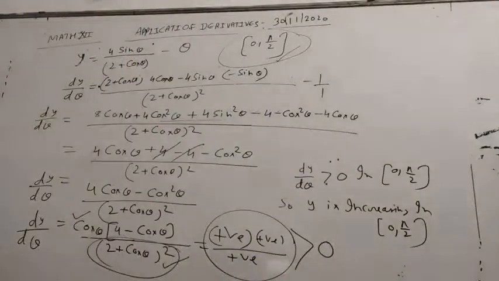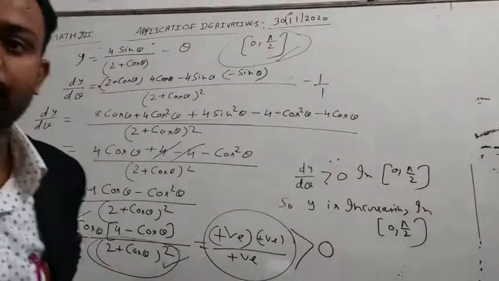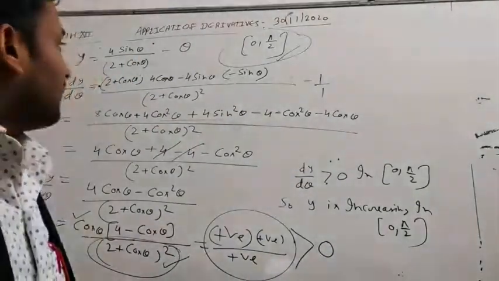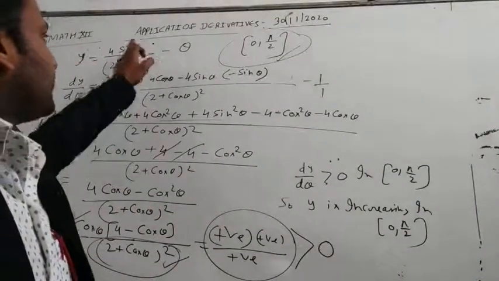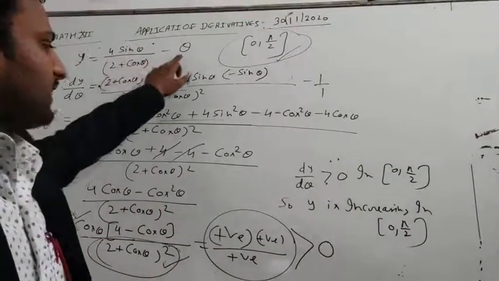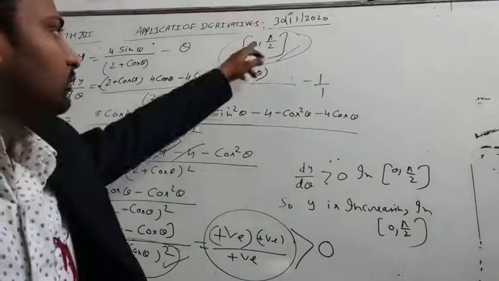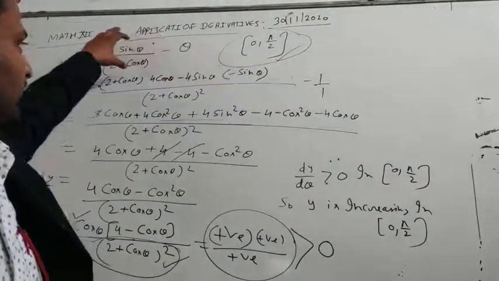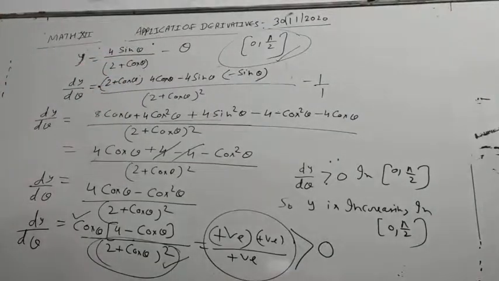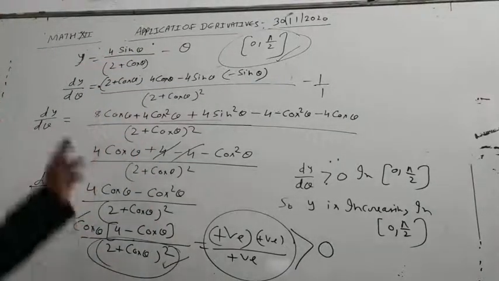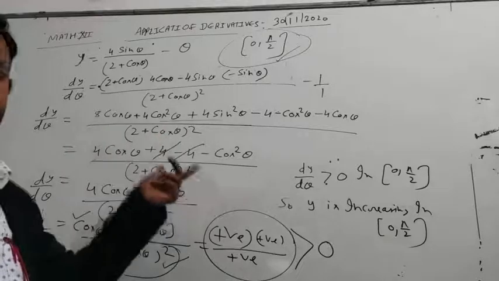On the basis of this result, we can say that our curve y is equal to 4 sin theta upon 2 plus cos theta minus theta will be increasing in the interval 0 to pi by 2. So this is the question in which we have differentiated this. After differentiating, we are solving this.